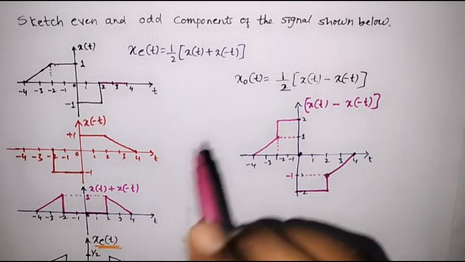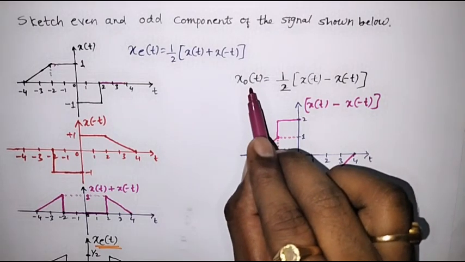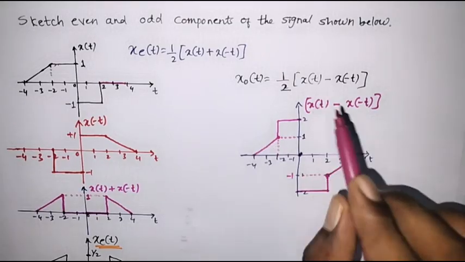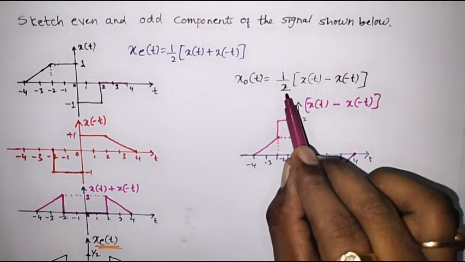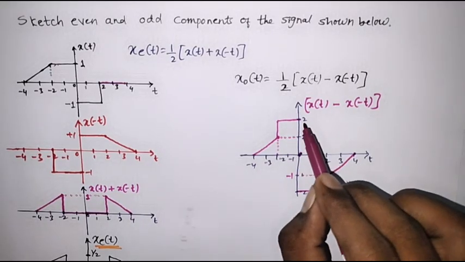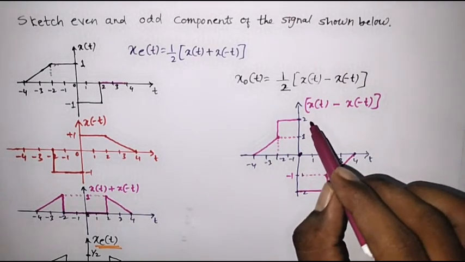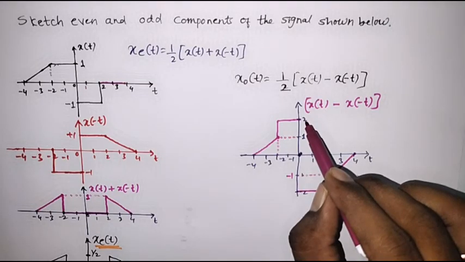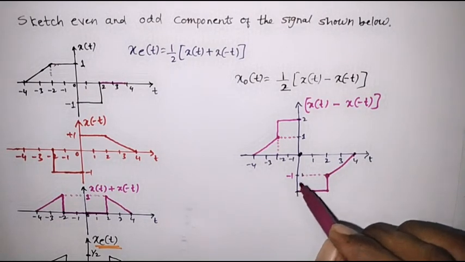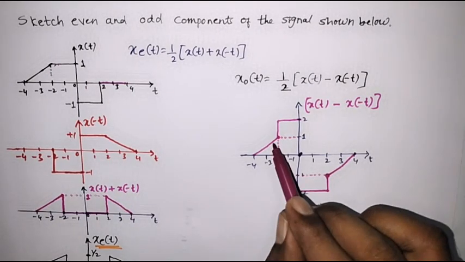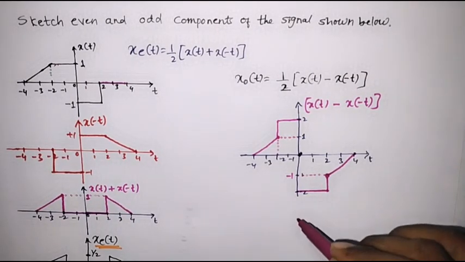Now let's draw the waveform for xo of t, that is the odd component of x of t. The odd component is the same as this one. Here the amplitude will be divided by 2. So the resultant amplitude will be 2 divided by 2, that is 1, and here it will be 0.5, and here it will be minus 1, and here it will be minus 1 by 2. Rest all things will appear as it is. I'll draw here.